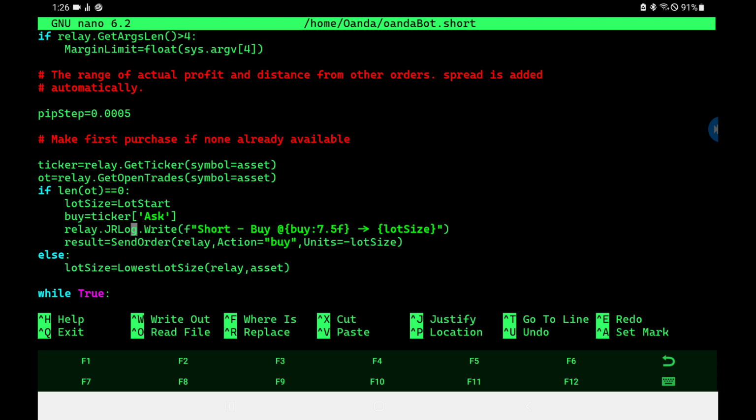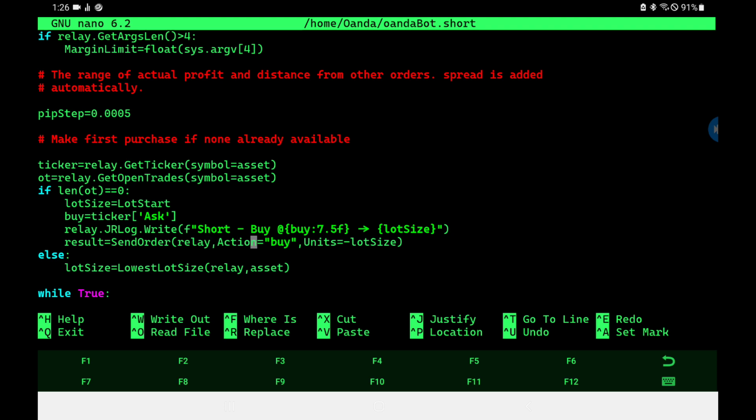Now, because I'm using a framework instead of just the Oanda library directly, that framework has provided me an easy way to set up my order. So I'm going to send order. I'm going to use my framework connection relay. This is what I used when I opened up the reference at the very top.